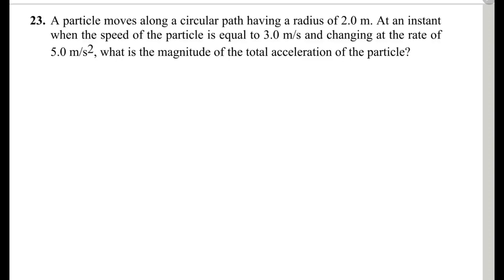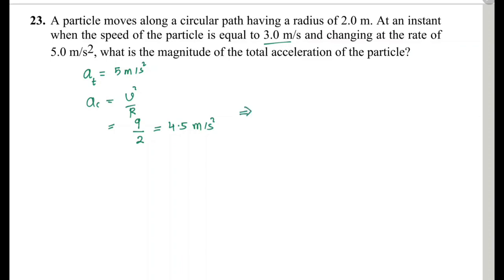Since the speed of the particle is changing, there is a tangential acceleration, and a tangent in this case equals 5 meters per second squared. So a central equals v squared over r, and v in this case is 3 meters per second, so it's 9 divided by 2, the radius of the circular path, so it equals 4.5 meters per second squared.